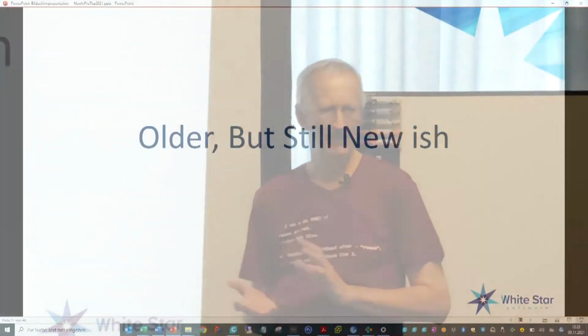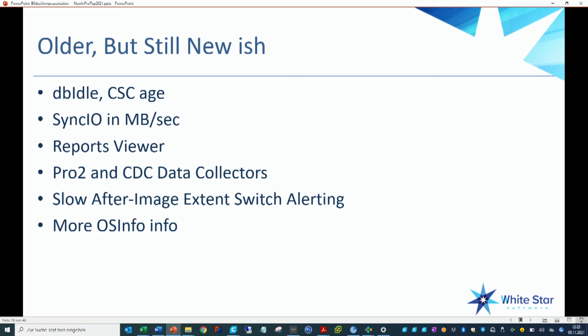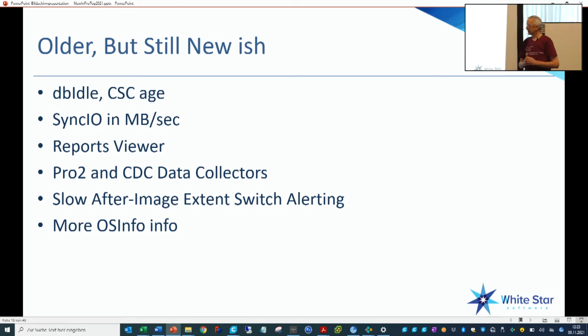Okay, so that was the eye candy. That was not all that much fun. But we have some other features that are older but still kind of new. So we've added some new fields. We have a field called DB idle, another one called CSC, or Client Statement Cache Age. We have converted sync IO to megabytes per second instead of just seconds. We have a report viewer.